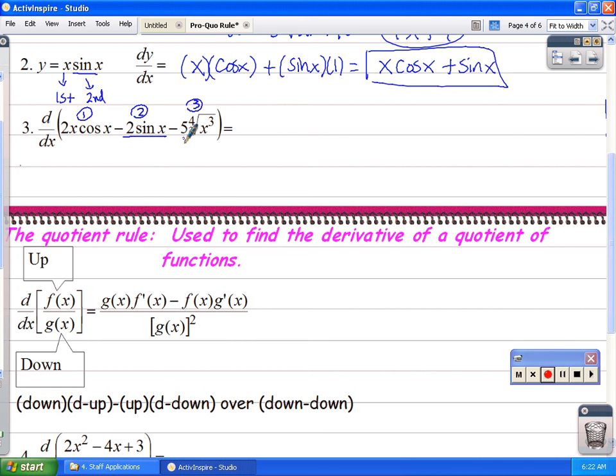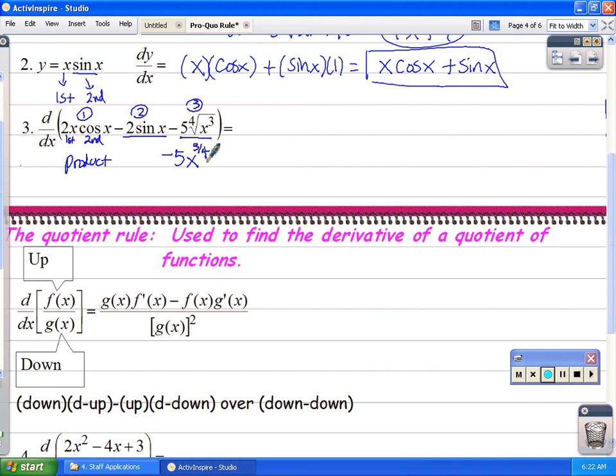The third term is a power function, and we know how to find the derivative of that. But the first term is a product. And in this product, we have the first function, which is 2x, and we have the second function. Also, remember, it's a good idea to rewrite the third term as a power function. So we get 5x to the 3/4.